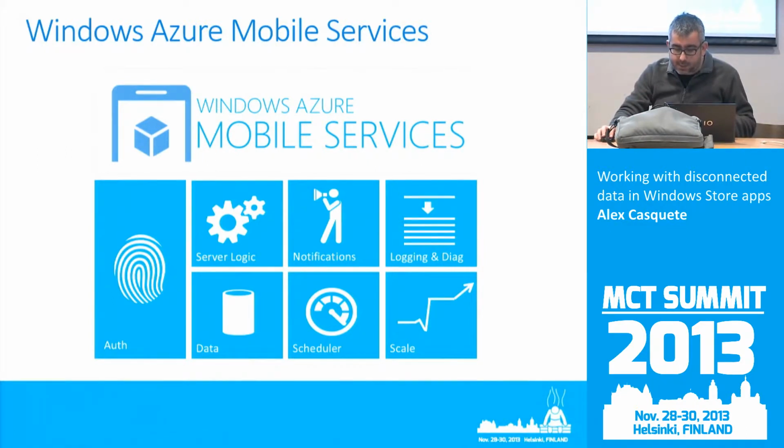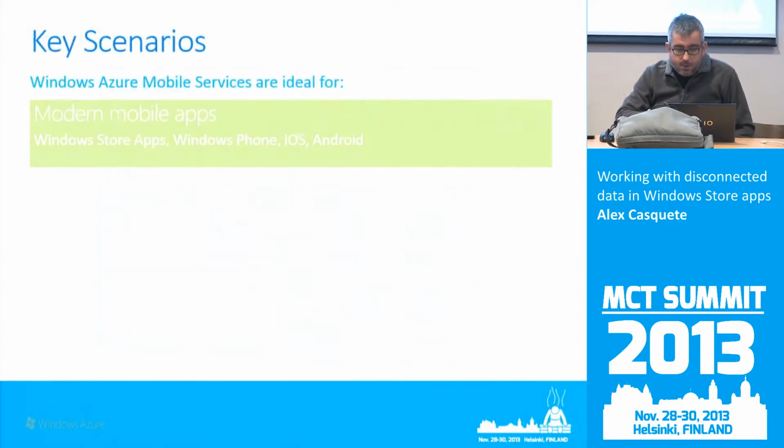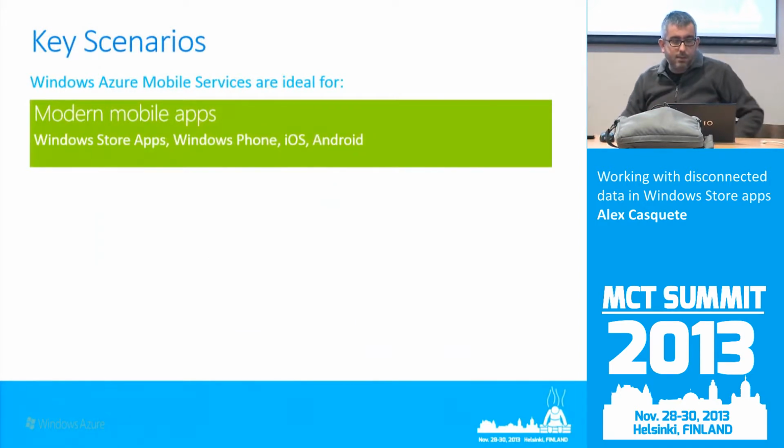Mobile services brings a set of services such as authentication and server logic. We can add notifications. We can add data to the application, as we have seen. We can add code to a scheduled task. These are the key scenarios.